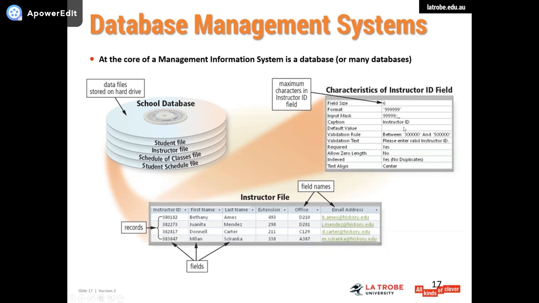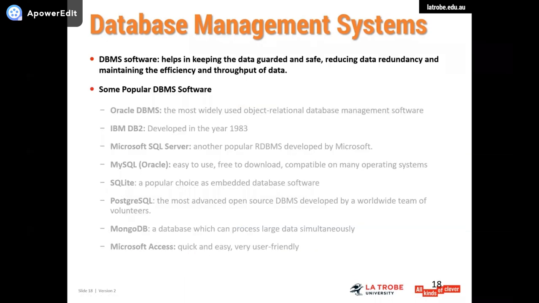As I mentioned before, DBMS software is one kind of system software. It helps in keeping the data guarded and safe, reducing data redundancy, and maintaining the efficiency and throughput of data. In reality, there exists a great number of DBMS software, and here I just listed some of the most popular ones.